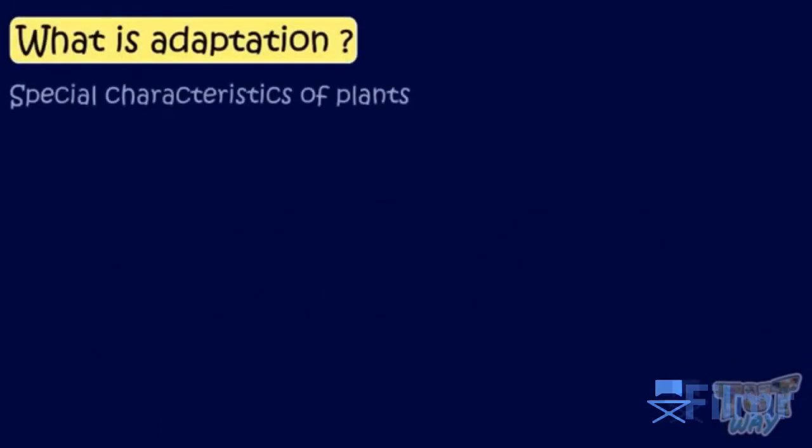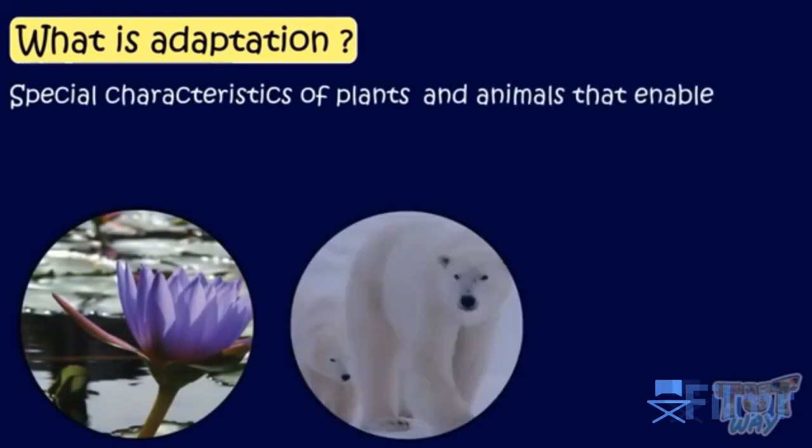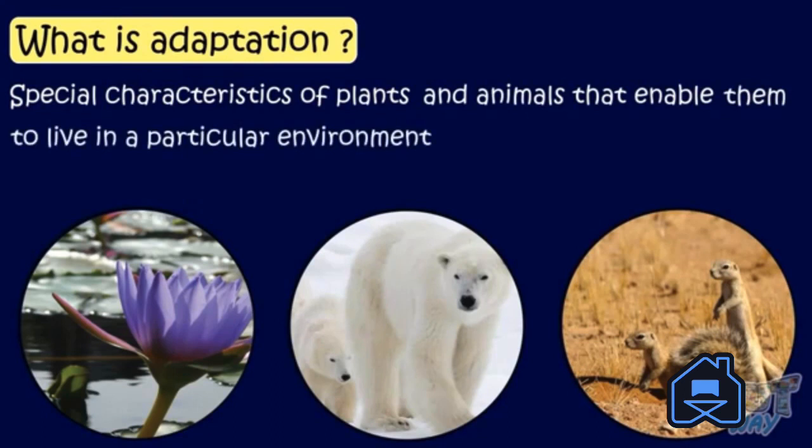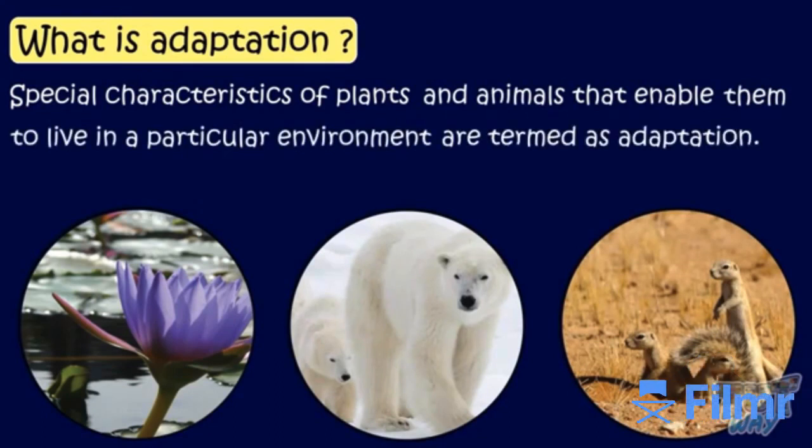Special characteristics of plants and animals that enable them to live in a particular environment are termed as adaptation. There are various types of adaptations. Let's learn about a few of them.